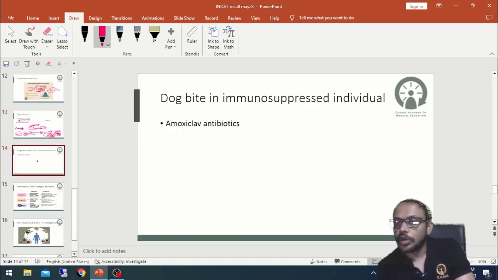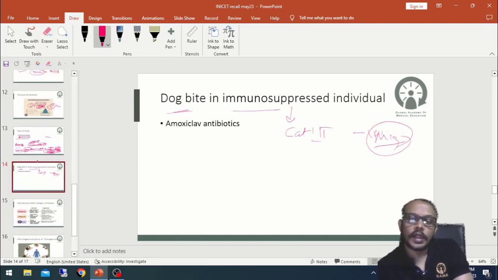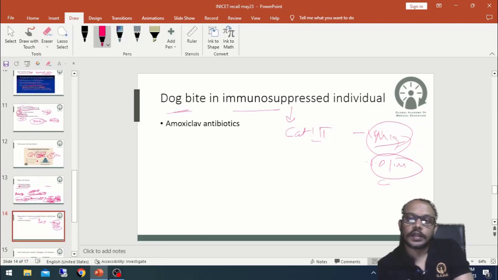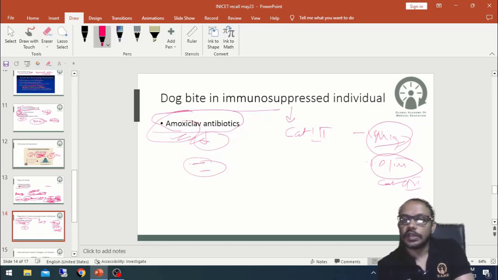Another question was about an immunocompromised, immunosuppressed individual with a dog bite. In any immunosuppressed individual, a dog bite is always a category 3 bite, in which we have to give immunoglobulins, and along with that the intradermal or intramuscular schedule of the category 3 bite should be followed for rabies. As for antibiotics, in some literature amoxiclav is given, because a skin infection by Staphylococcus can be there, so amoxiclav is usually given to cover these bacteria.